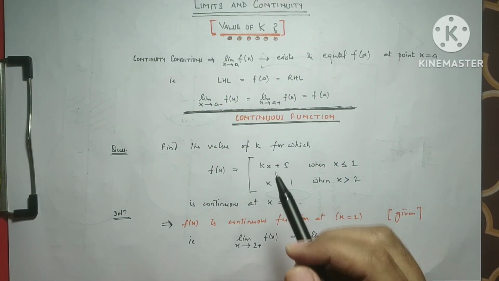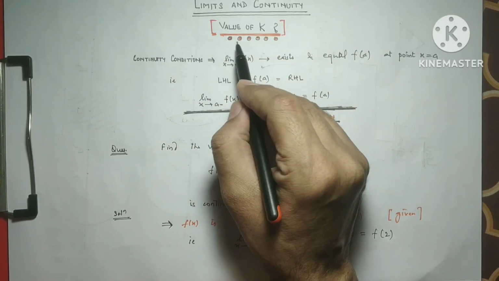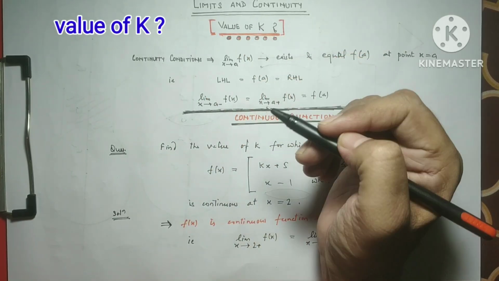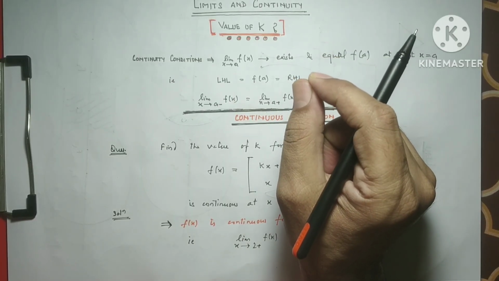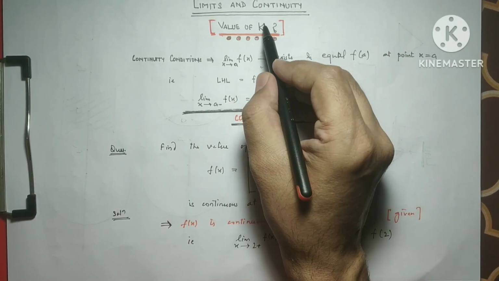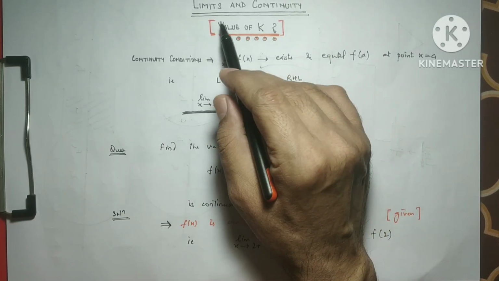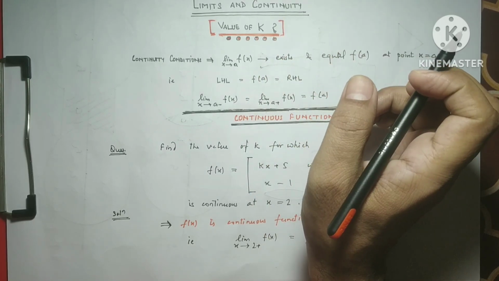So now we are taking the type of questions in which we will find the value of k. A function is defined, but there is some hidden value, that is k. So we will try to get the value of k using the continuity method.